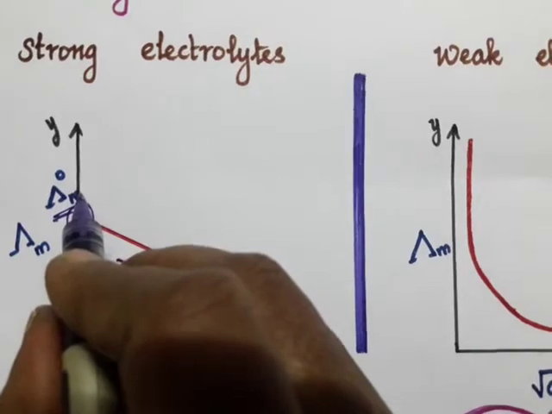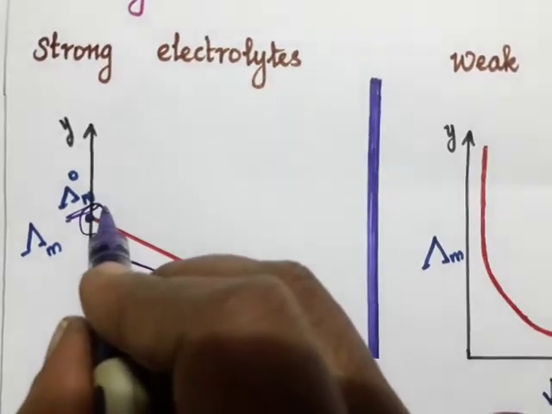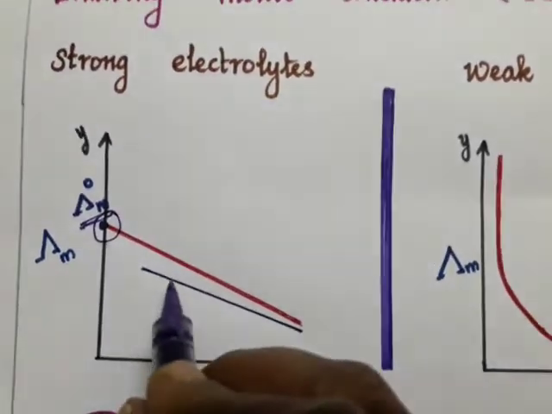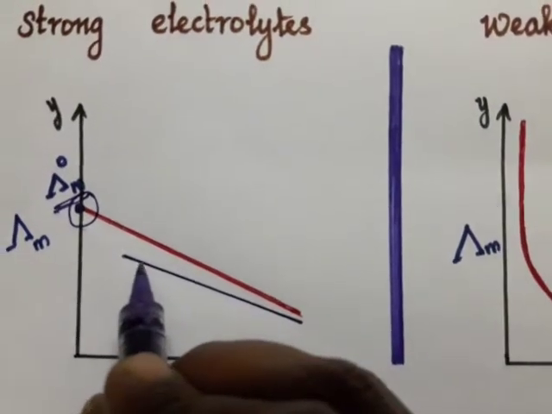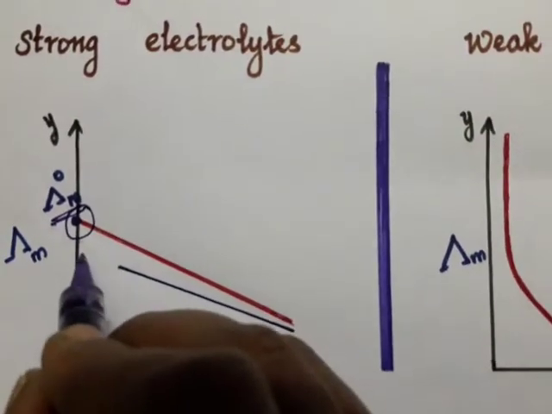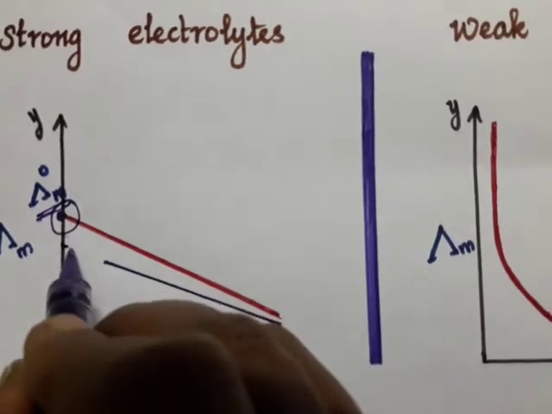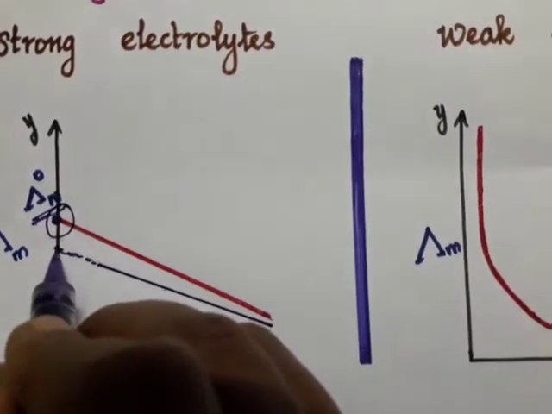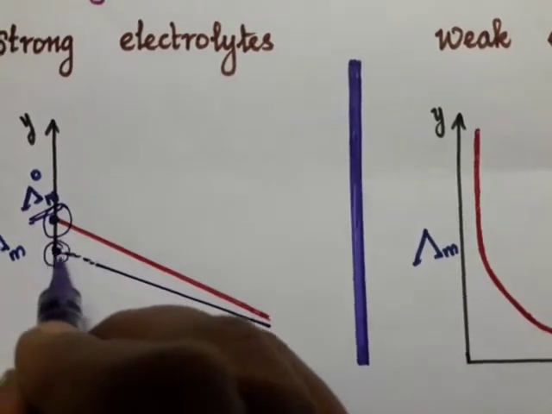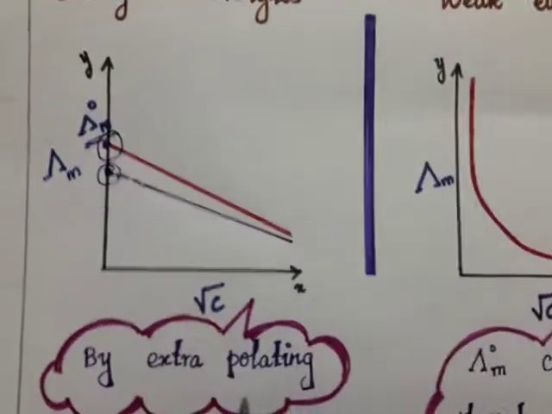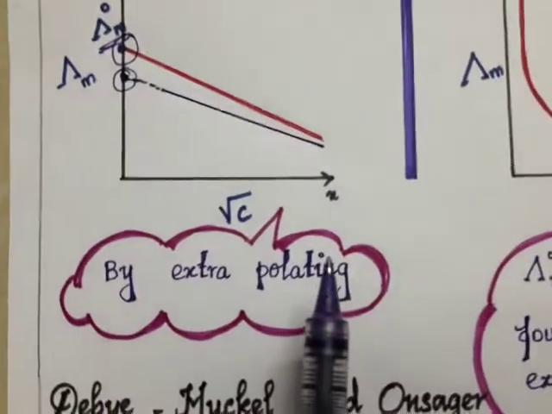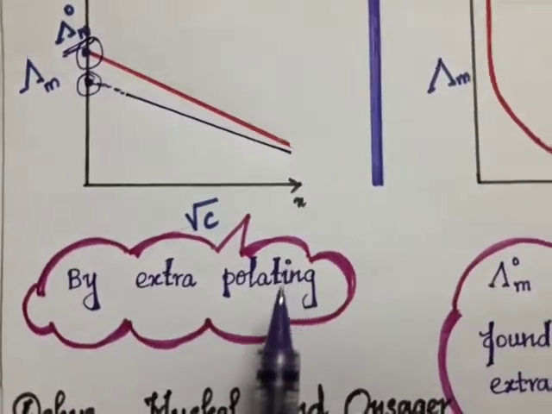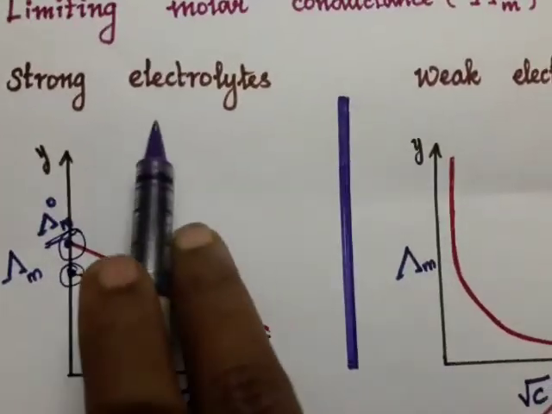So when we get a straight line like this, we have to extrapolate the line, and when we extend the line, we get the y-intercept. By this we can calculate lambda m naught, the limiting molar conductance, for the strong electrolytes.